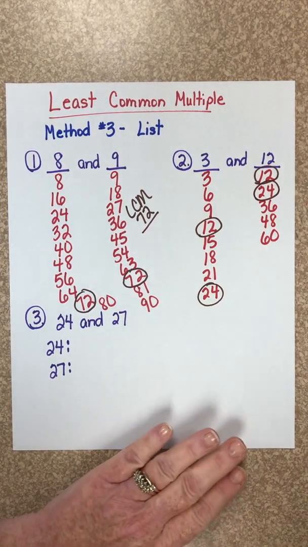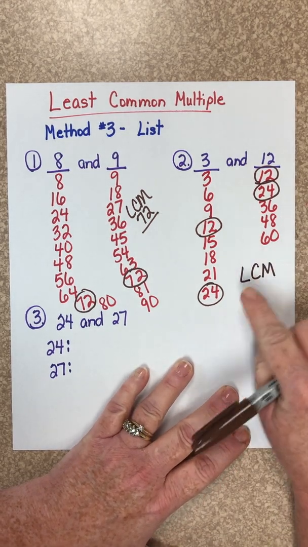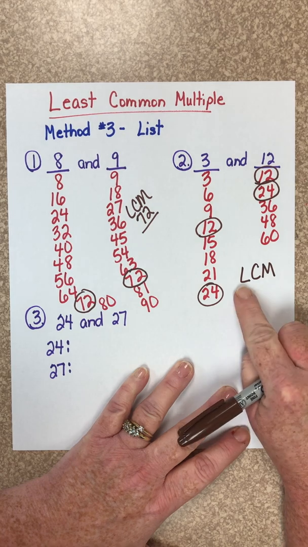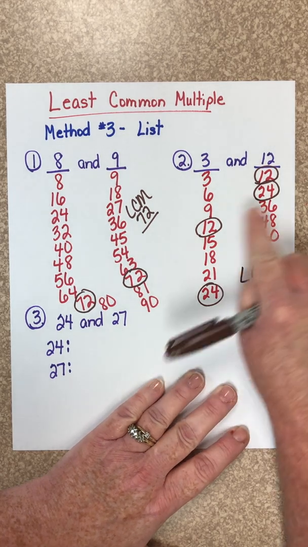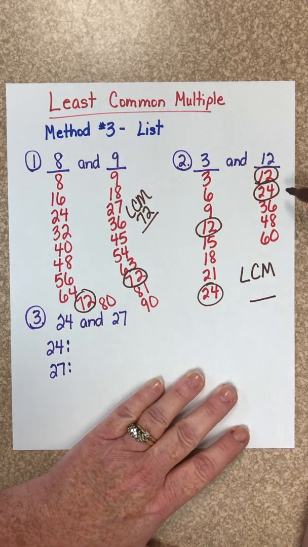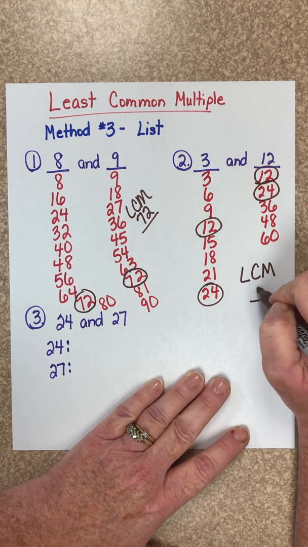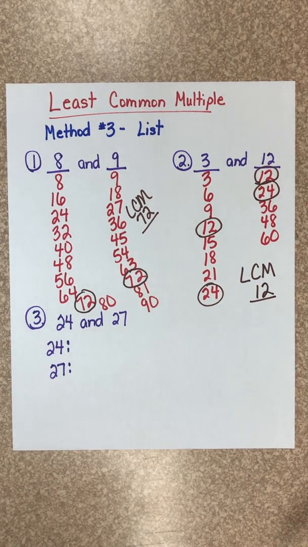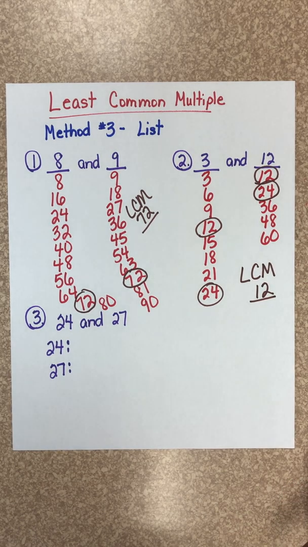Well, the answer there is no, because of the definition of least common multiple. We want the smallest, the least common, meaning in both columns, and we want a multiple. So what's smaller between 12 and 24? Answer is 12. So the least common multiple of 3 and 12 is 12.